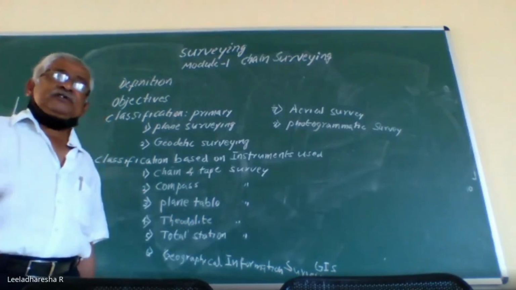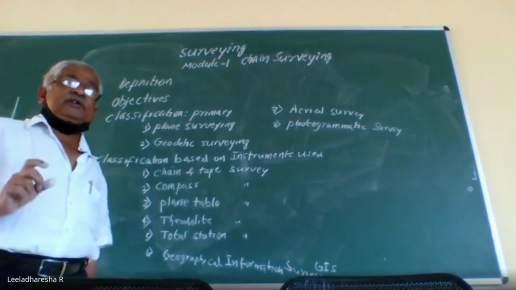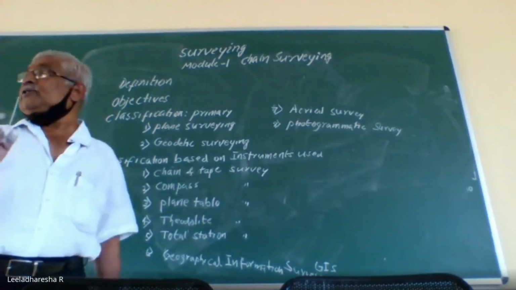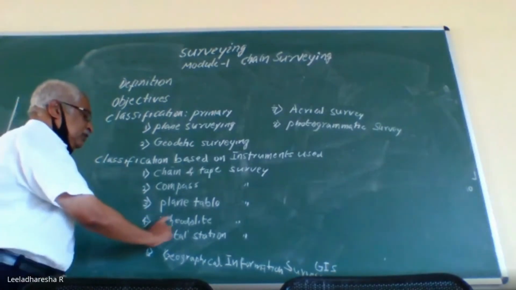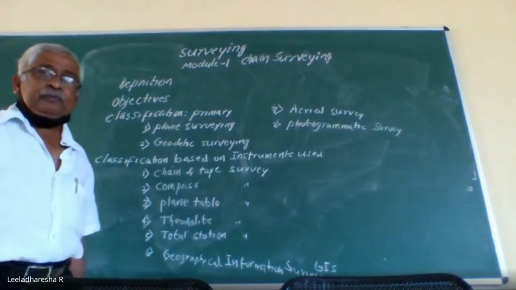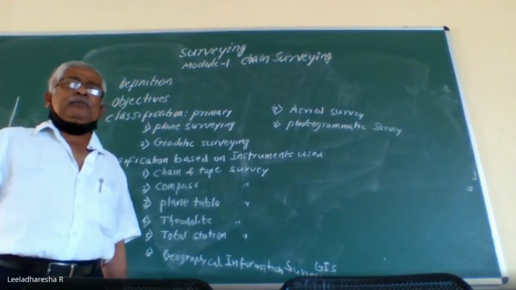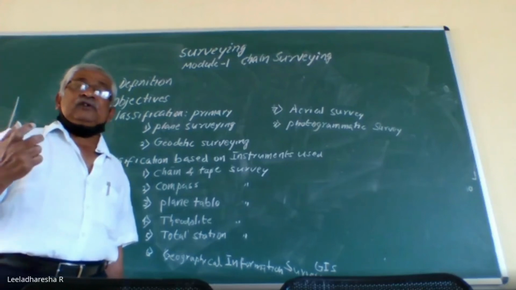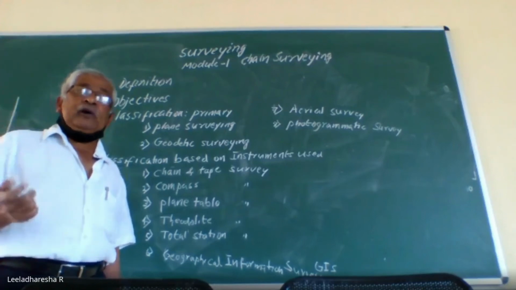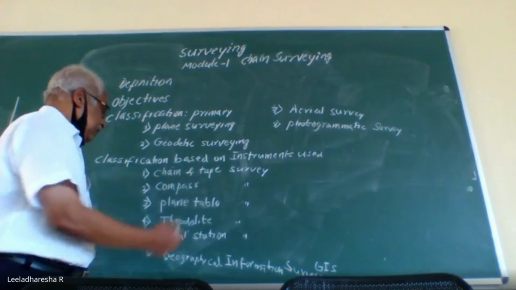Theodolite is an instrument which is used to measure horizontal as well as vertical angles in the field. Such type of survey we call theodolite survey, and if a little more accuracy is required for the work, then we can adopt theodolite.